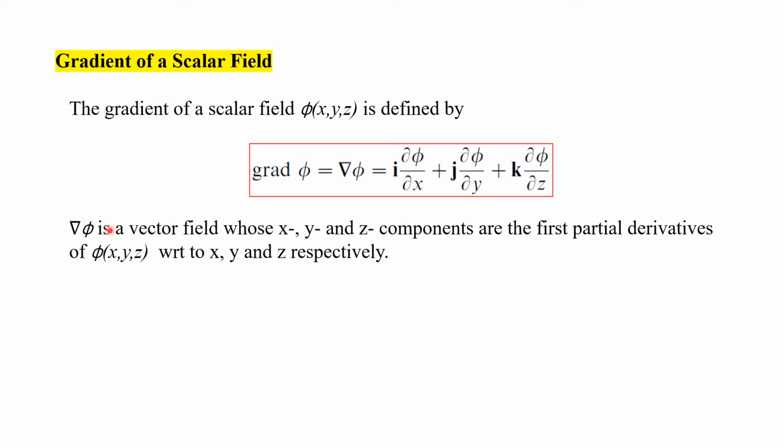So your del phi is a vector field whose x, y, and z components are the first partial derivatives of phi(x, y, z) with respect to x, y, and z respectively. This is the x component of your vector field, your y component, and then your z component. So again, after you apply your del operator to your scalar field phi, it becomes a vector field del phi.